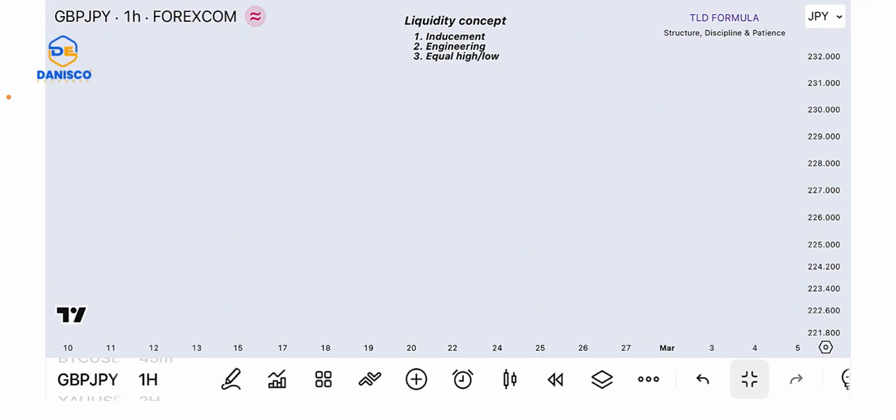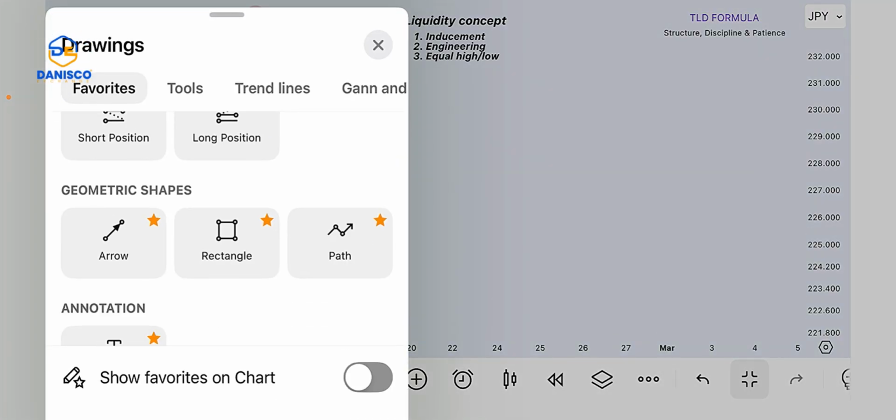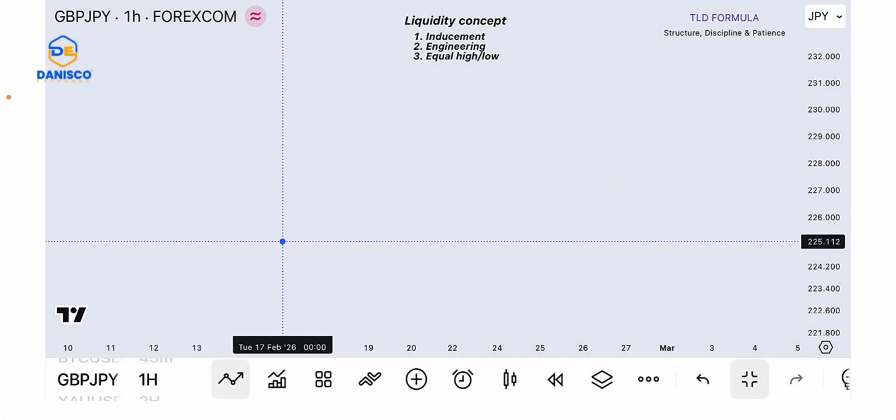You don't have to be confused. Structural liquidity is an inducement liquidity. Engineering liquidity is just a type of liquidity on its own. Equal high and low is what other traders sometimes call double top and double bottom liquidity. So you should know this. Now let's look at the inducement, which is structural liquidity.